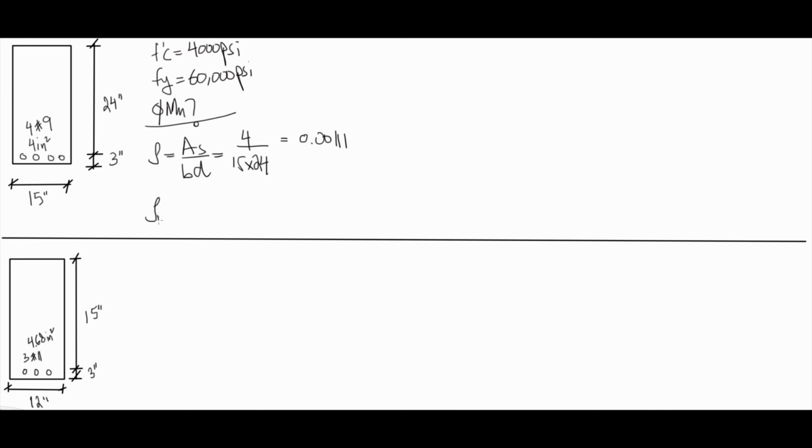We know that rho max, I wrote it in the previous slides, is 0.375 multiplied by 0.85 multiplied by beta, which is 0.85, multiplied by fc prime 4,000 divided by 60,000, which is the fy, and this gives me 0.0181, which is greater than rho. So we are indeed somewhere in the tension zone.